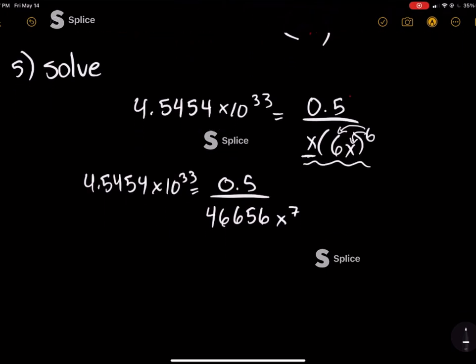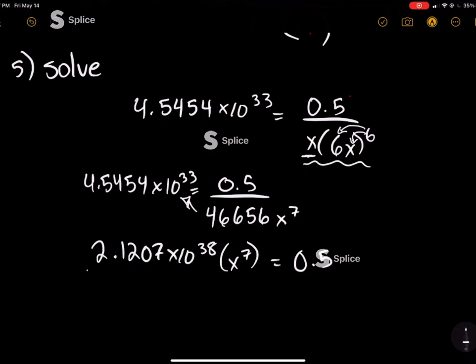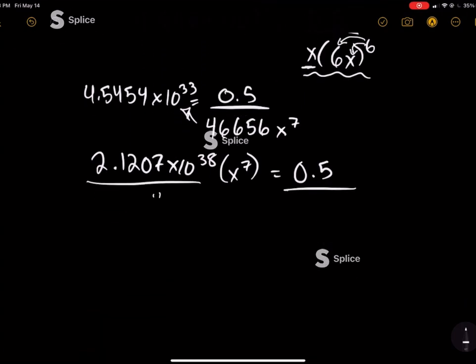Take this and multiply it by this to get an expression that is 2.1207 times 10 to the 38th times x to the 7th equals 0.5. Then divide by this number, 2.1207 times 10 to the 38th.